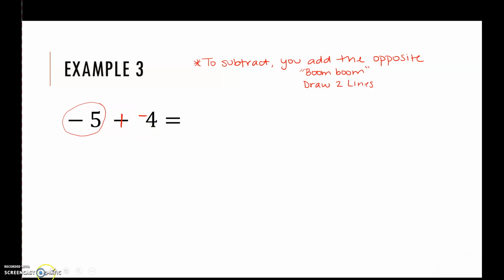So now my problem is negative 5 plus negative 4. I go back to my addition rules: it's a negative and a negative. Same sign or different sign? Now it's the same sign, so I add them. 5 plus 4 is 9. And I keep my sign. So my answer here is negative 9.